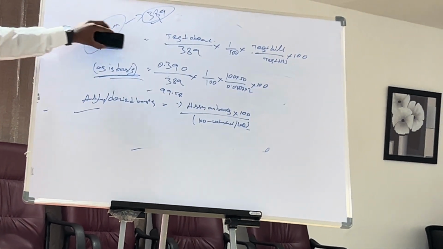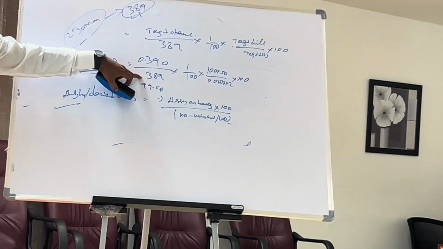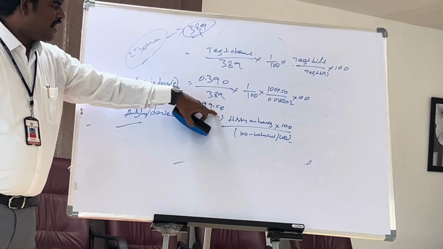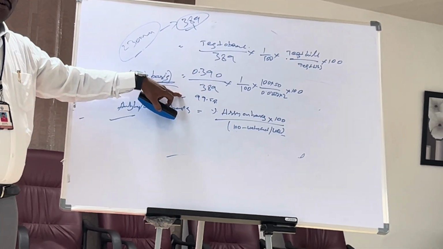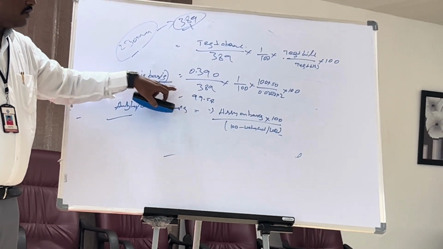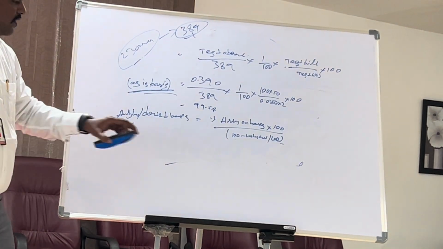So if you are incorporating the test absorbance 0.390 into the 389 nanometer and further calculations we have given, you get some 99.58% value. This includes water, LOD or any other thing. So whenever you require anhydrous or dry basis, simply you don't need to do anything.